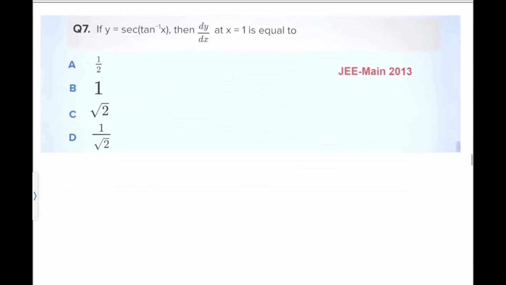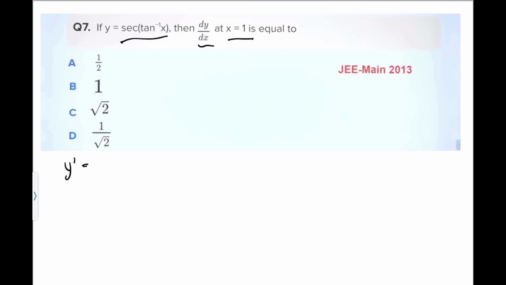Coming to the 7th question. The 7th question is given as y = sec(tan⁻¹ x), and we need to find dy/dx at x equals 1. We need to find y', so first we differentiate it.